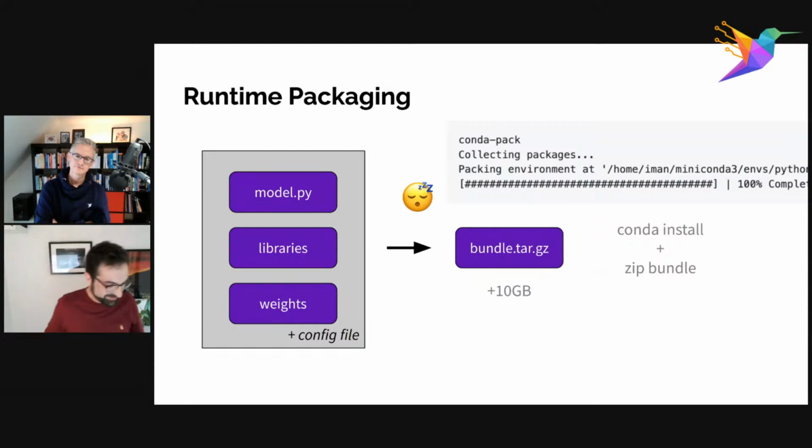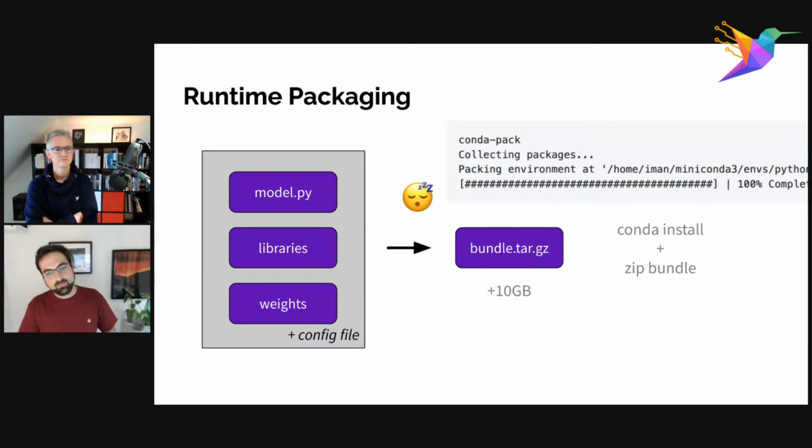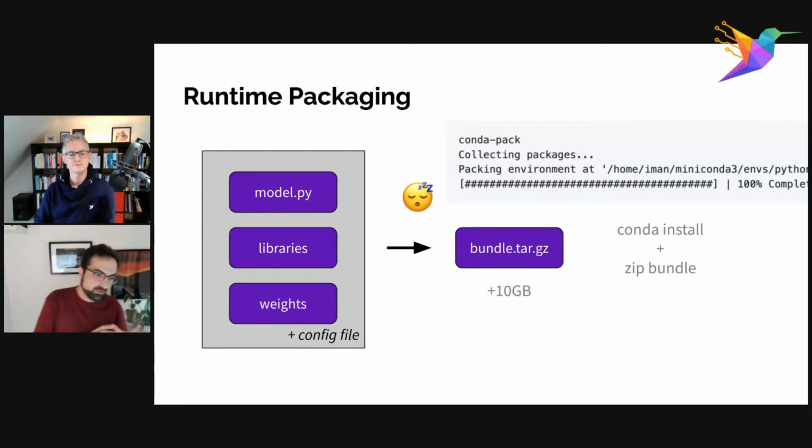And here the first pain point comes. What you do in order to send your runtime to Triton and then hand it over to SageMaker is you create a compressed bundle through a conda pack utility, and this has been very slow.